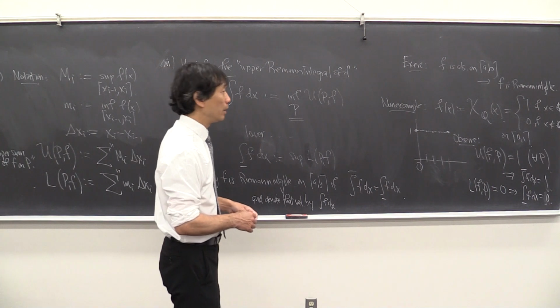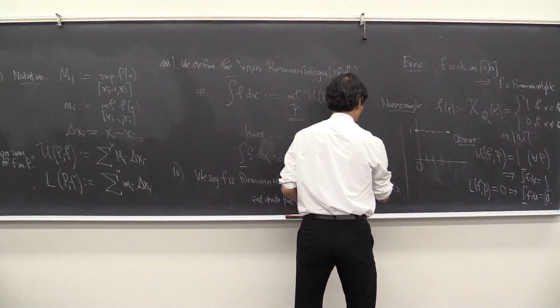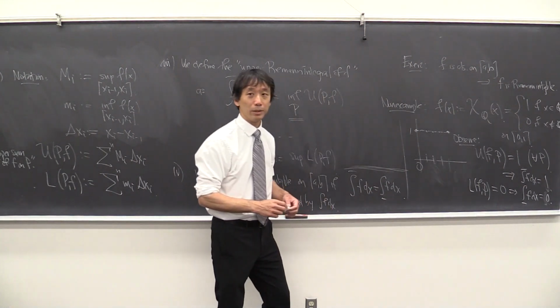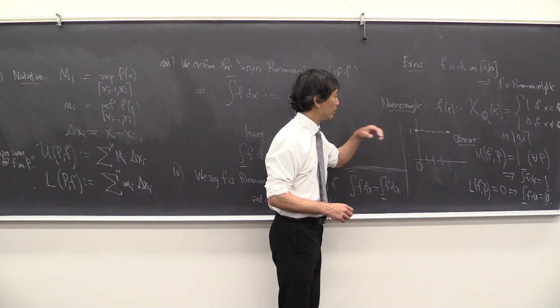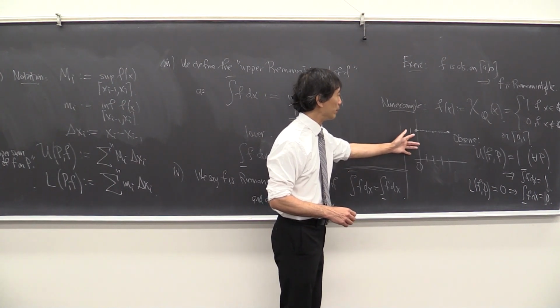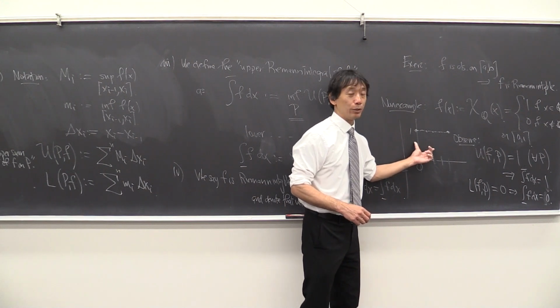Okay. Those of you who go on and take a course where they teach you about Lebesgue integration, Graduate Real Analysis 1, 137, will be amused to hear that the Lebesgue integral of this is actually 0.